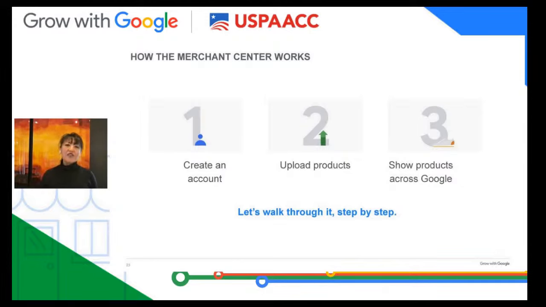Okay, so how the Merchant Center works. And this is the 3 easy steps. 1, we're going to again create an account. 2, we're going to upload your products. And 3, we're going to show the products across Google. So what we just demonstrated was all the spaces that you'll be able to display your products. That's all we did. So I hope you didn't feel overwhelmed.